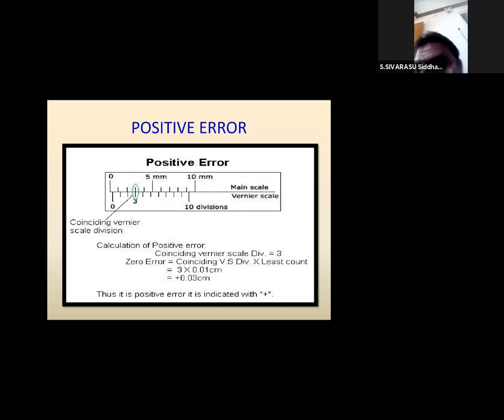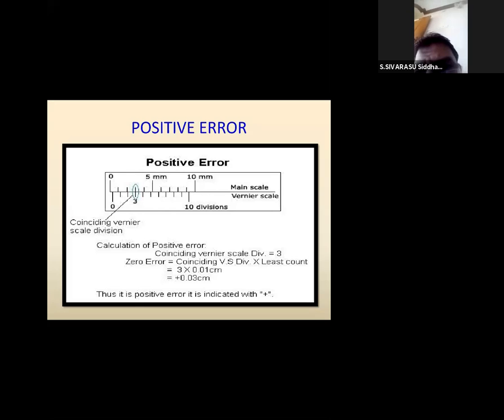To find how much positive error, see which line of the vernier scale division coincides with the main scale division. There you have to calculate the least count, the difference is 0.1 mm. That is, 0.3 is the positive error.